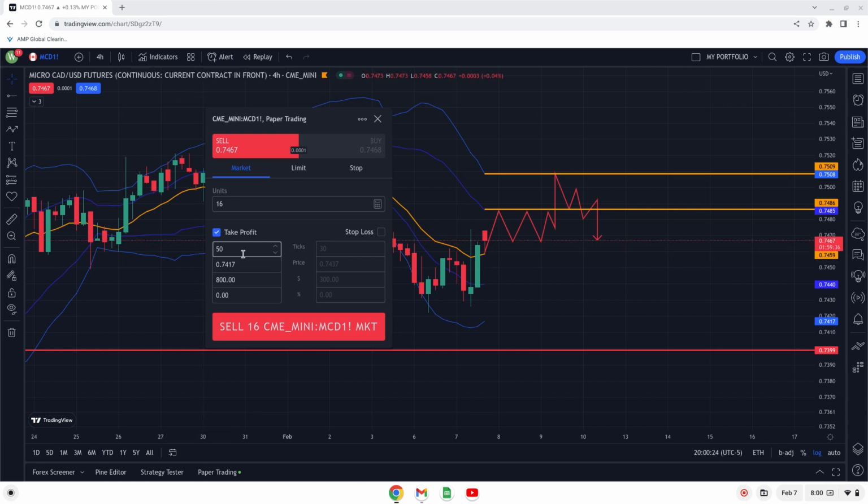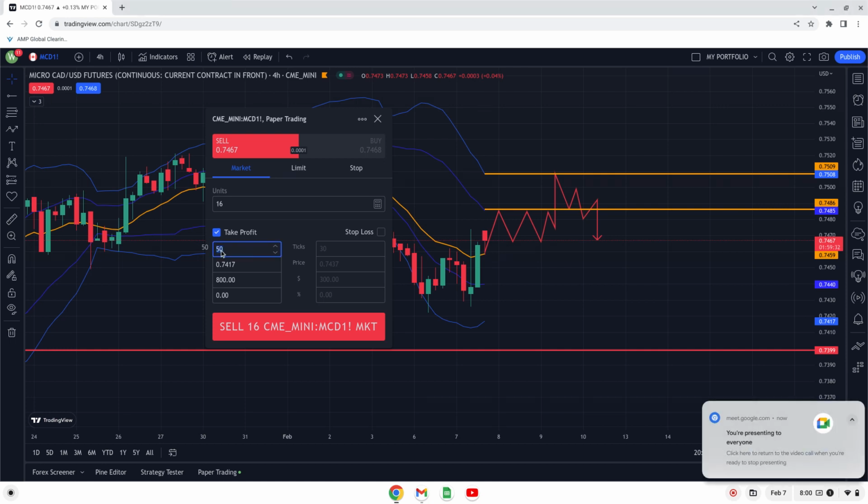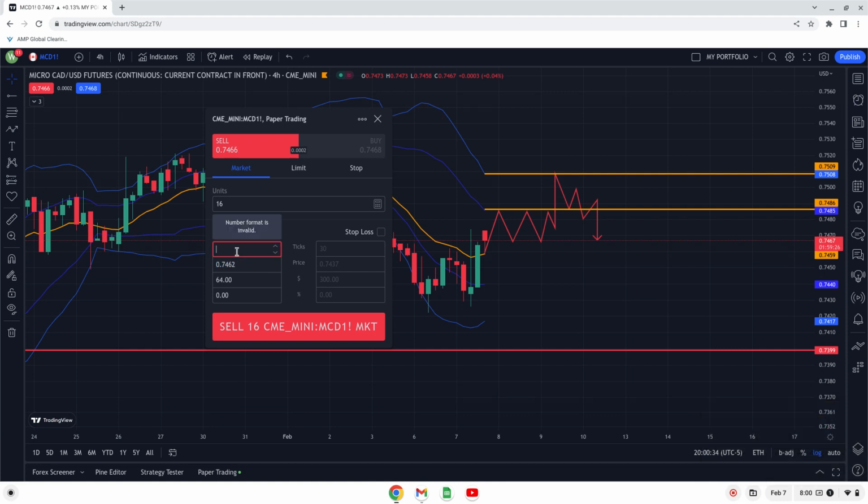So right here, guys, at 50 pips, this is how much I want, and this is the number where I will get out when the market gets there. I'm going to go back to 50. I get out at 74.16. Right now the market is at 74.66, so from 74.66 to 74.16 is 50 points, and it'll let me know how much money I will make off of 50 points: $800.